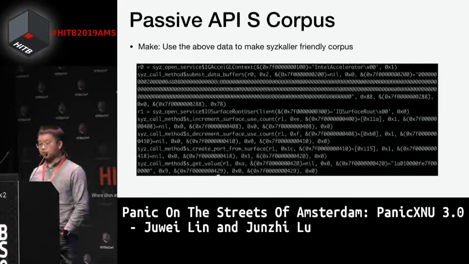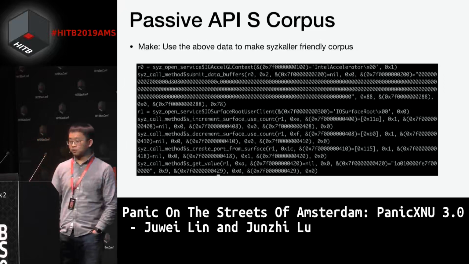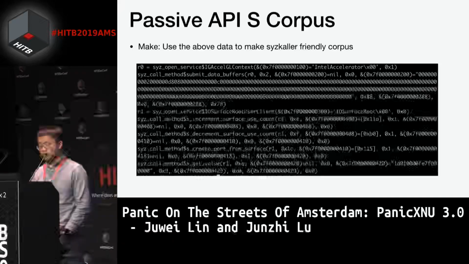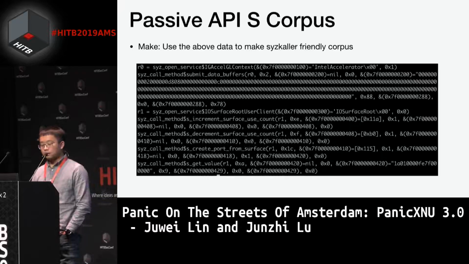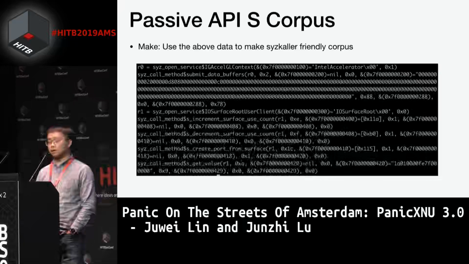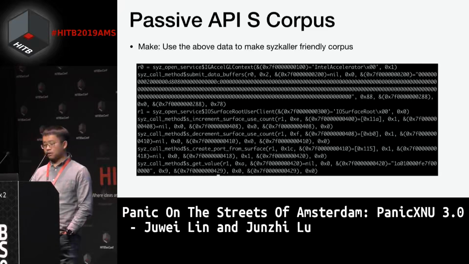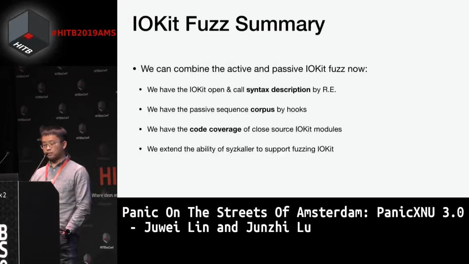Then I combine them together to produce the programs. You can see the picture as an example. The program shows that we first use SYC open service to open some alkyd service, and then call the SYC call method to call some alkyd method. So it can partially solve some context problems, right?